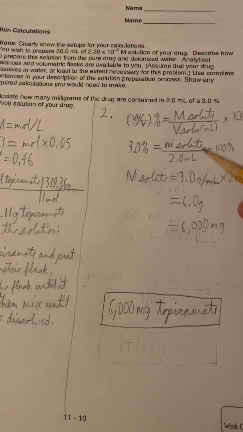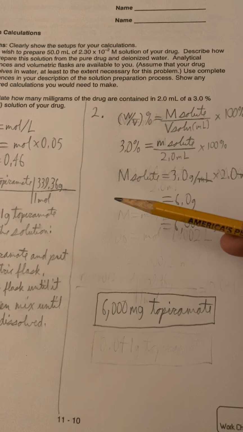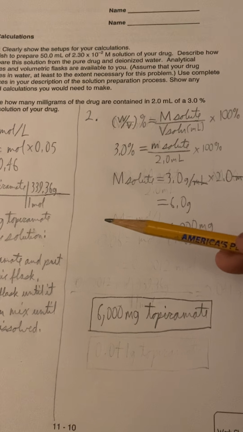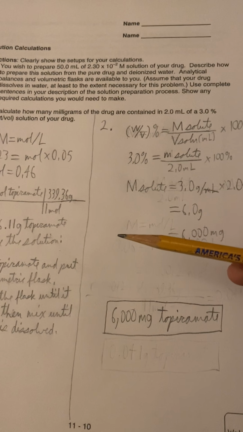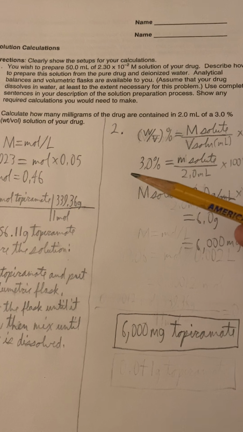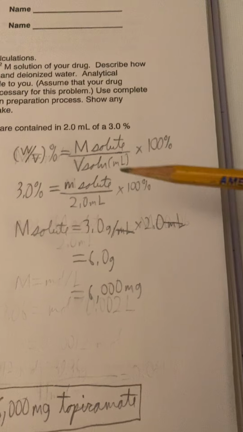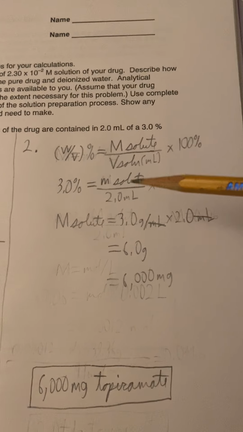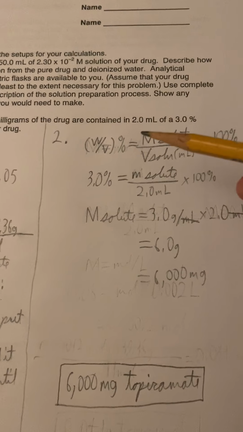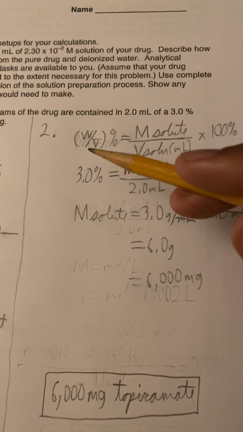If you wanted to calculate how many milligrams of topiramate are contained in 2 milliliters of a 3% weight over volume solution of topiramate, first you would plug all of these values into this equation.